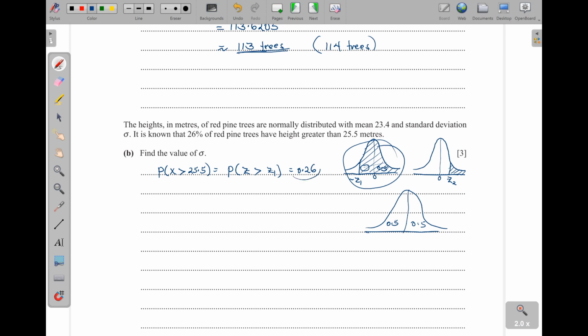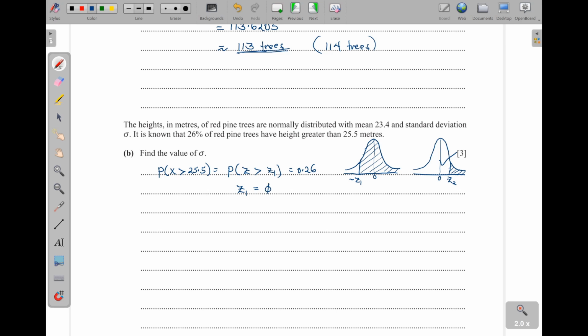So it cannot give you the 0.26. The one that is going to give us that is the second one here. This one can be 0.26 because it is below 0.5, because the whole of this is 0.5. So therefore I'll take my second one here. Z is therefore going to be a positive.